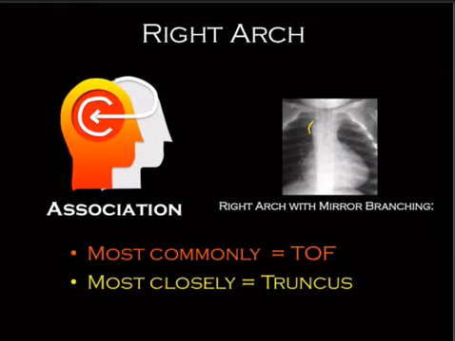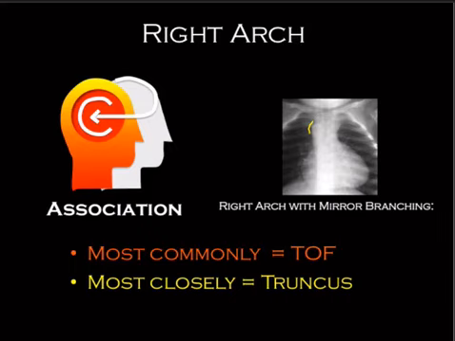Now here's the trickery that occurs. Big trick question here: most common versus most closely associated. Well, what the hell does that mean? Basically it means that tetralogy of Fallot is much more common than truncus. So if you just see a picture of a mirror image right arch, then 90% of the time you are going to be dealing with tetralogy of Fallot.